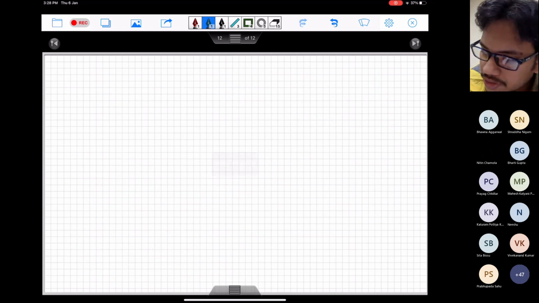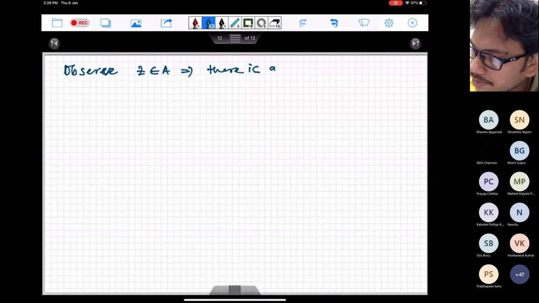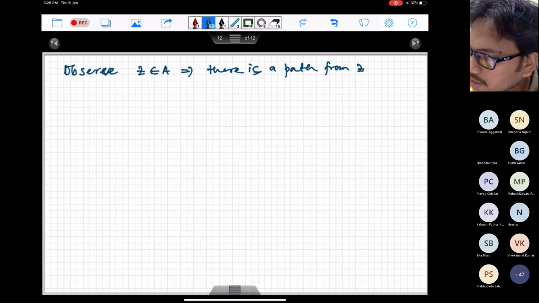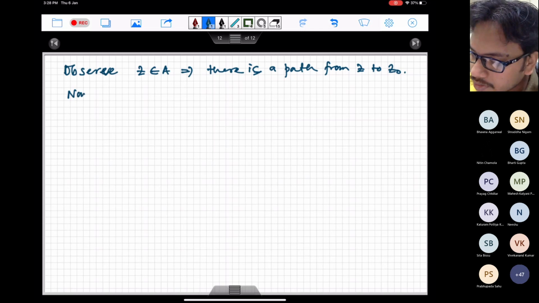So let us see. First of all, observe: Z belongs to A implies there is a path from Z to Z naught. This is by definition, correct? Now let some Z prime belong to B(Z, delta).